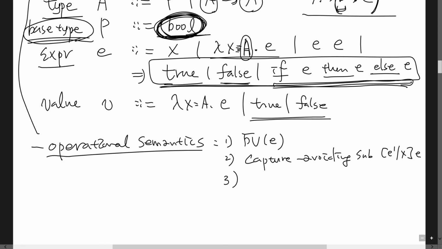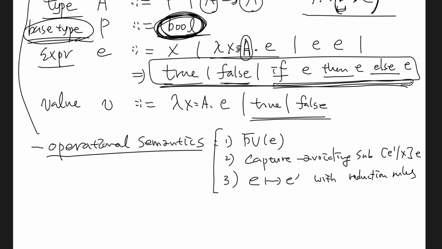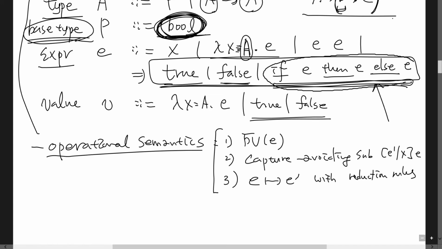And finally, we will have to define this reduction judgment and also reduction rules. But remember that there's nothing inherently new here, perhaps except for the reduction rules for this if then else construct, because this is a new component.